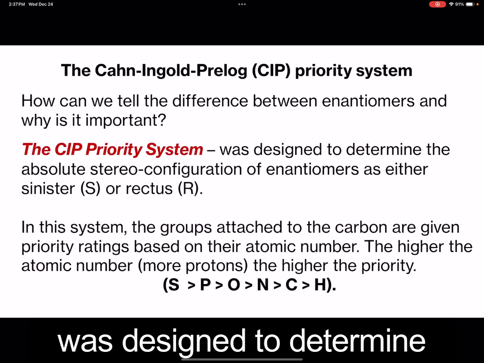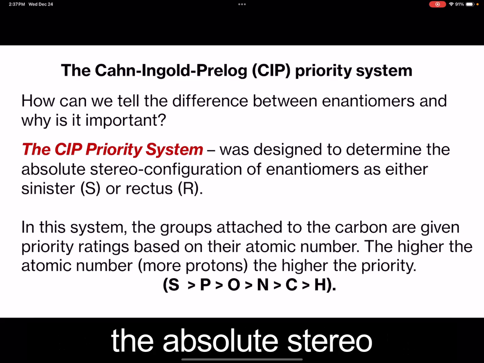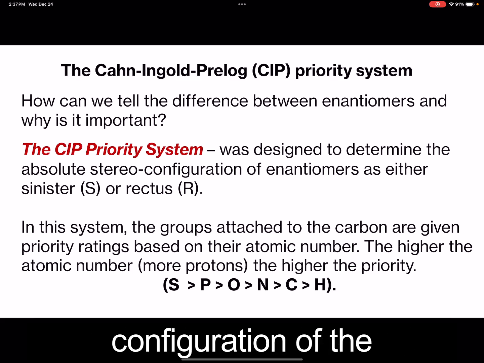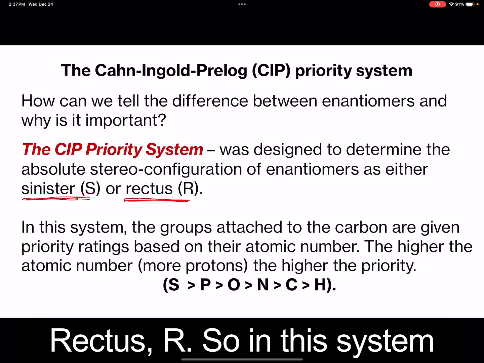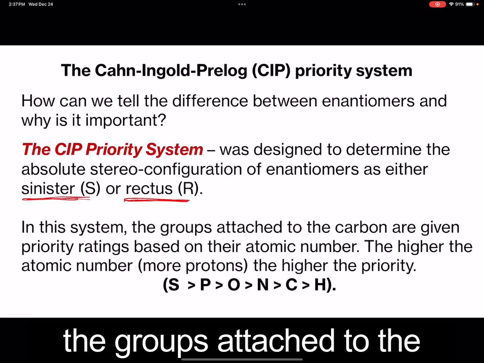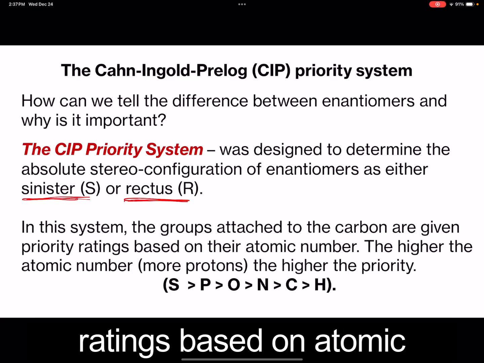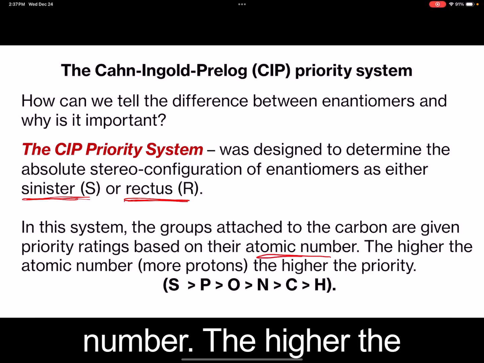This was designed to determine the absolute stereo configuration of the enantiomers as sinister, S, or rectus, R. So in this system, the groups attached to the carbon are given priority ratings based on atomic number.